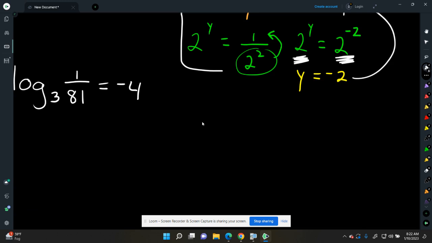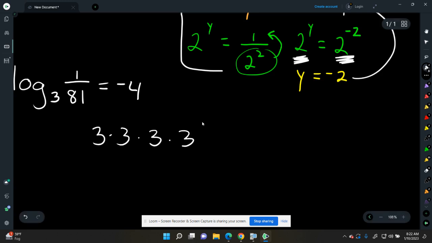Caleb, how do we know that that's true? No idea. Okay. Mika, how do we know it's true? Well, what I did is I did 3 times 3 times 3 times 3, which is 81. So if it's 3 times 3 times 3 times 3, how could we write that more efficiently? 3 to the 4th.